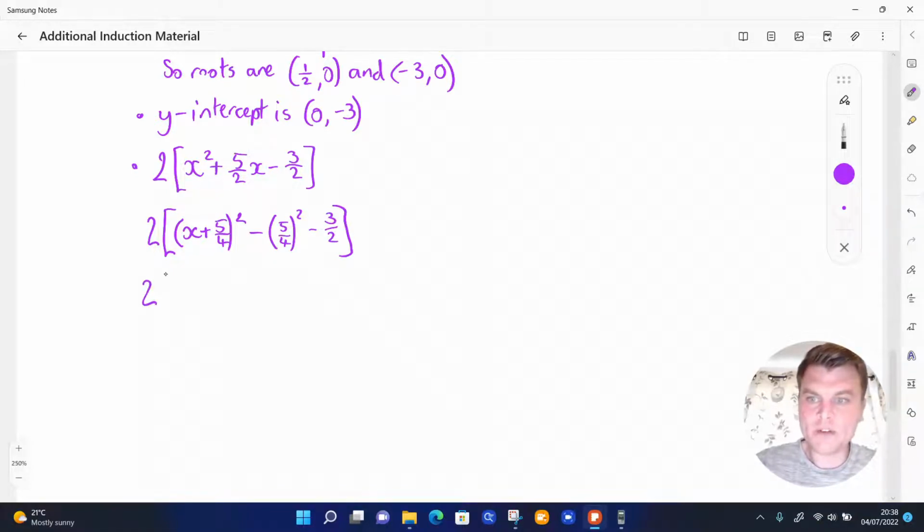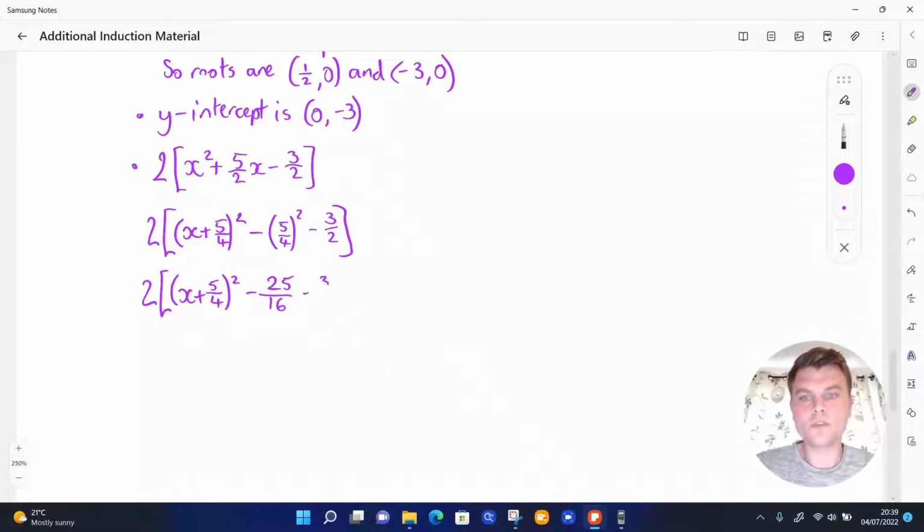I'm going to square that 5 over 4, and that would be minus 25 over 16. Of course, subtract 3 over 2. Now we can look to remove the square brackets by multiplying through by that 2. Okay, let's get my equals.